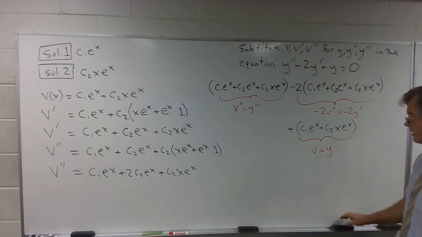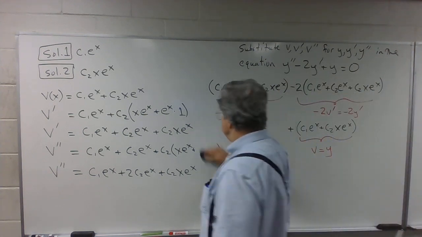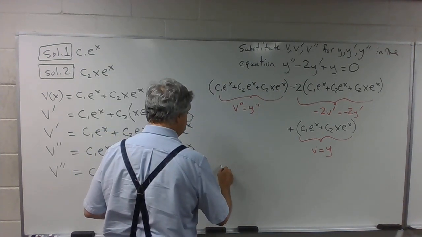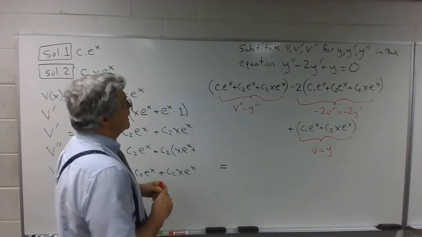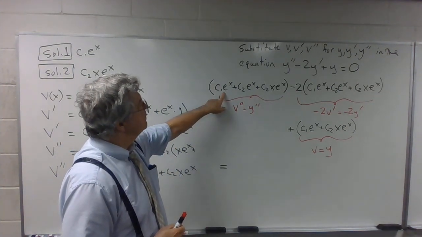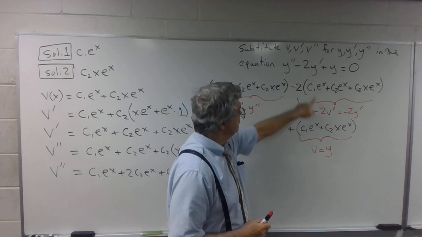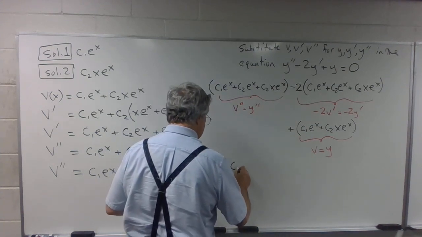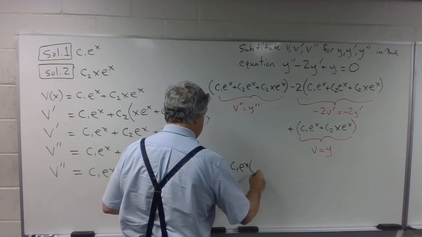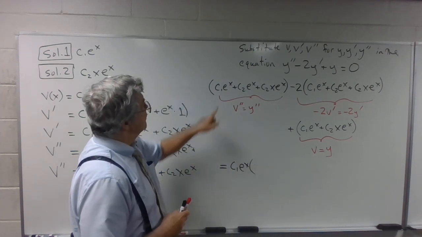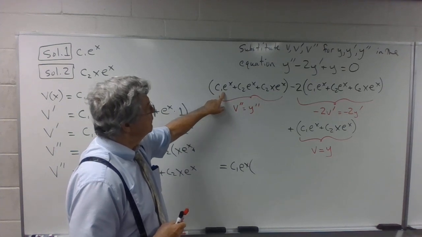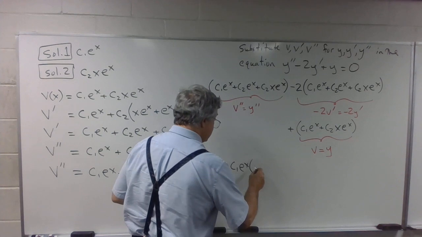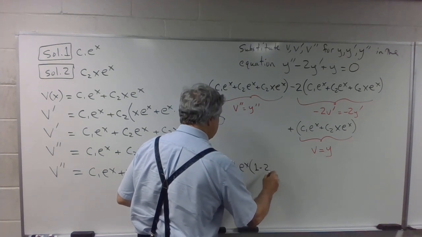Now, let's collect everything and see what we get. And I notice I have c1 e to the x, c1 e to the x, c1 e to the x. So I'm going to factor c1 e to the x out of each term. And here I have 1 c1 e to the x. Here I have minus 2 c1 e to the x. So 1 minus 2.